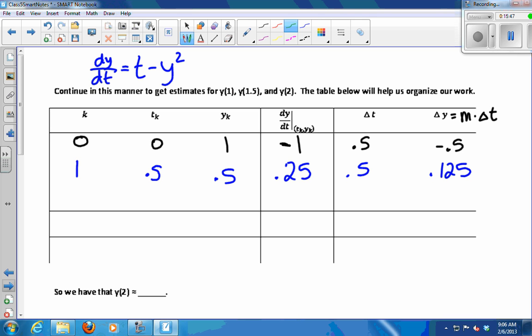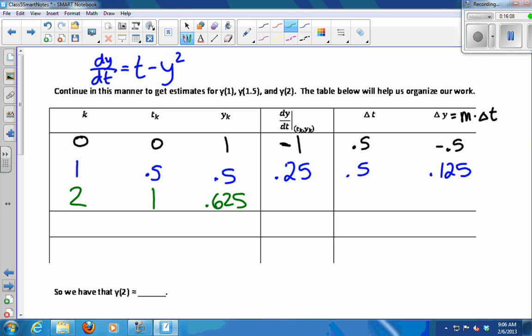And we go to our next step, step 2. Calculate your new t_k. So t used to be 0.5, add delta t and you get 1. y used to be 0.5, add delta y and you get 0.625.